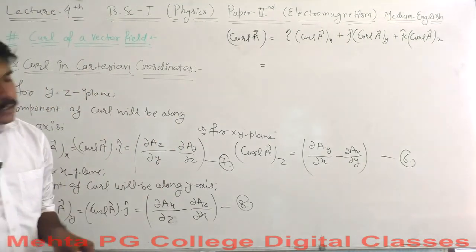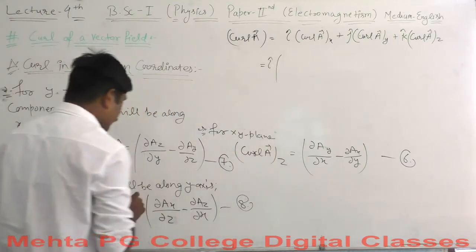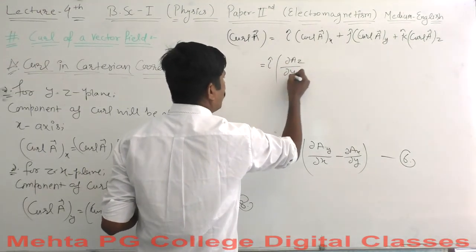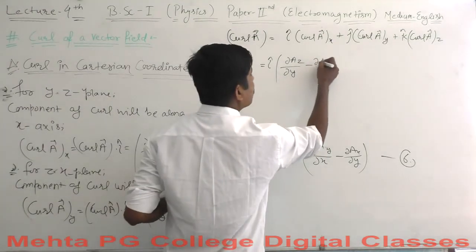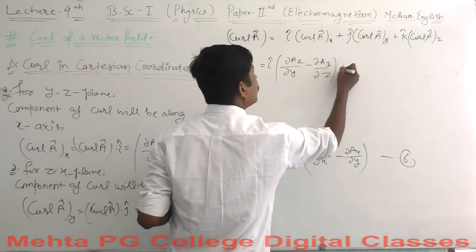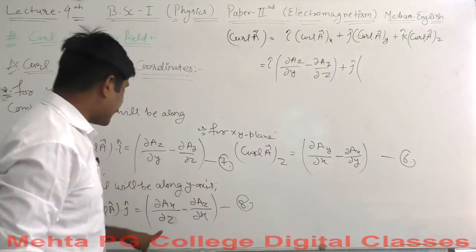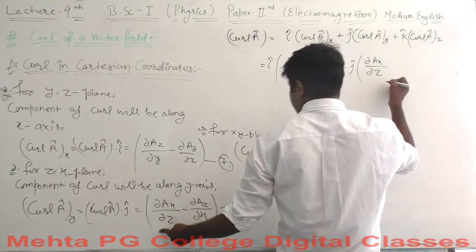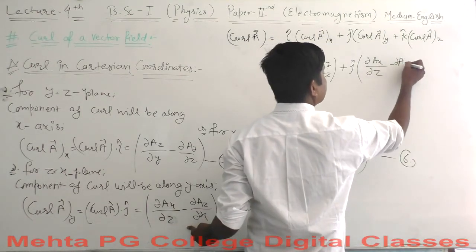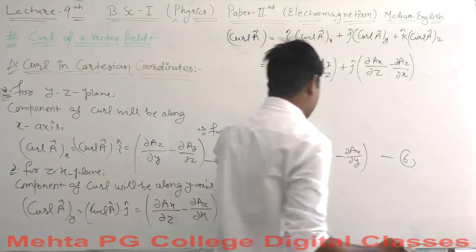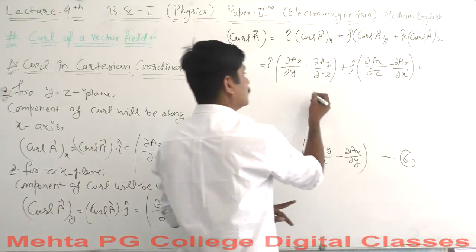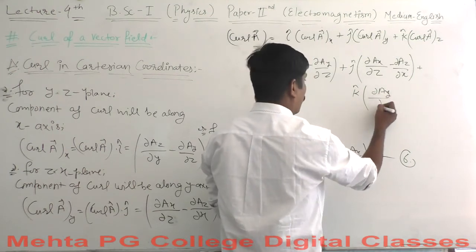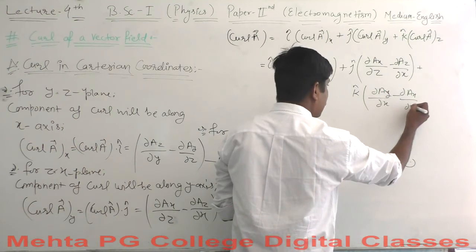So the total curl will be equal to i cap times the curl of A with respect to the x-axis, so this is the x-axis, ∂Az/∂y minus ∂Ay/∂z, plus j cap along the y-axis, ∂Ax/∂z minus ∂Az/∂x, and again the equation 6 plus k cap times ∂Ay/∂x minus ∂Ax/∂y.